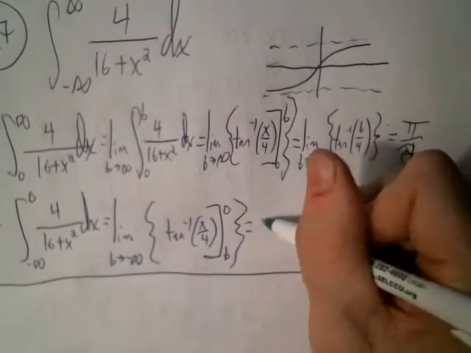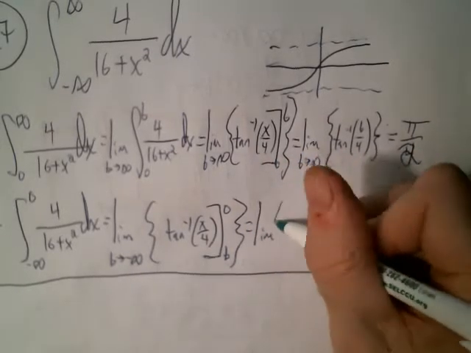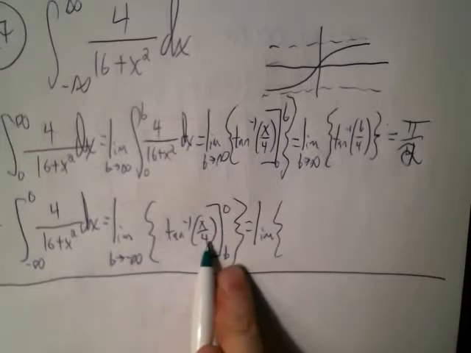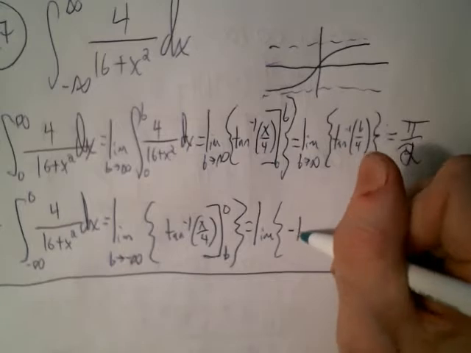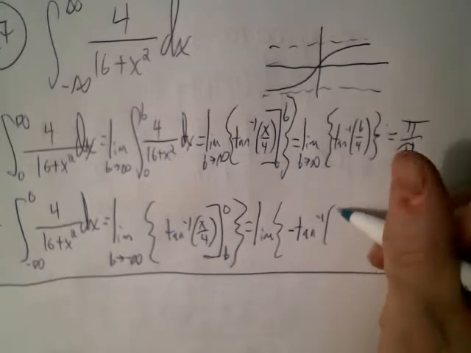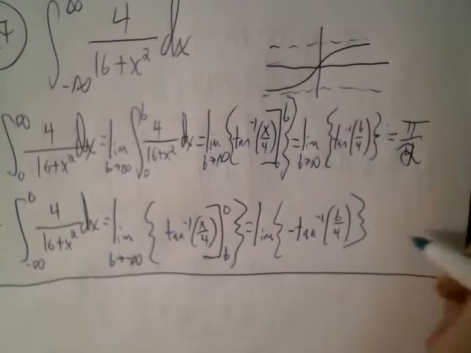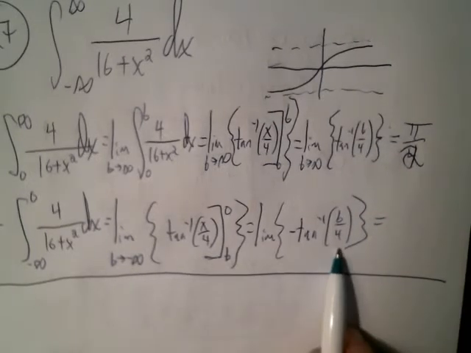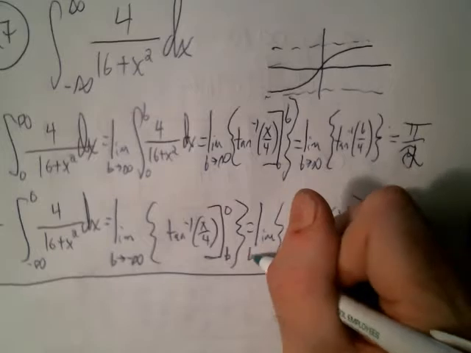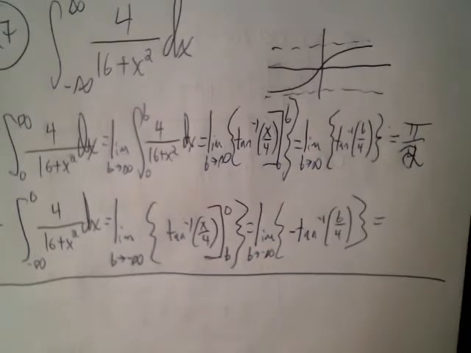So this time we have the limit of, plug 0 in here, you get 0, and then minus tan inverse of b over 4. And then this just means the limit as b goes to negative infinity.